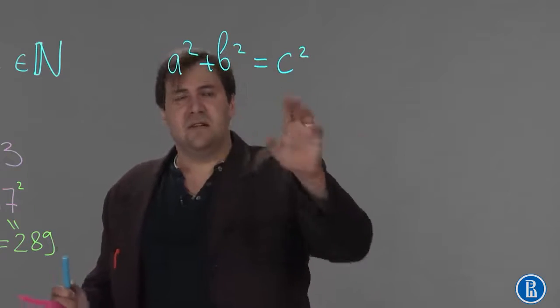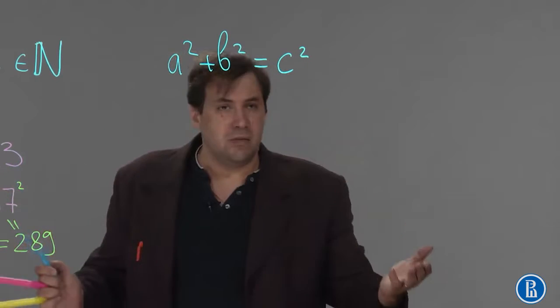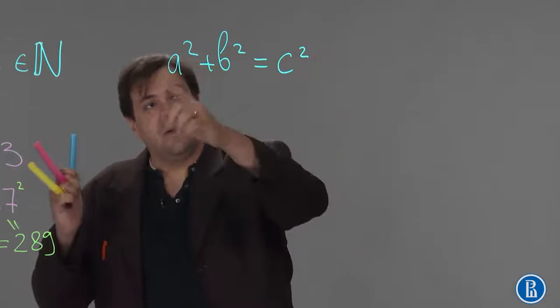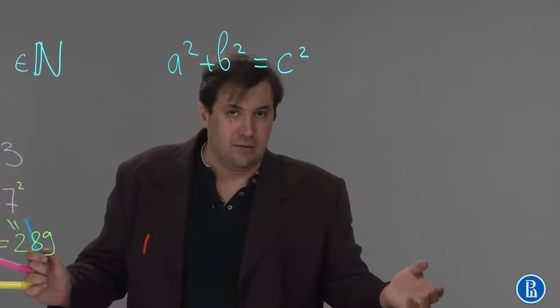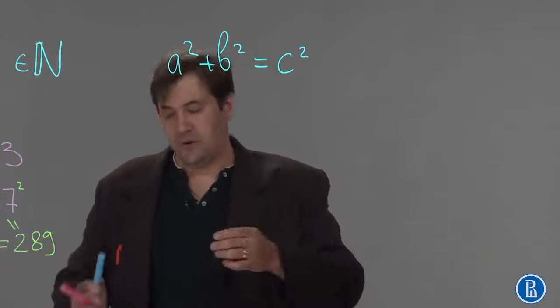If a and c are divisible by 3, then obviously b must also be divisible by 3, and we can divide this whole equation by 9. 9 is 3 times 3, which means 3 squared.